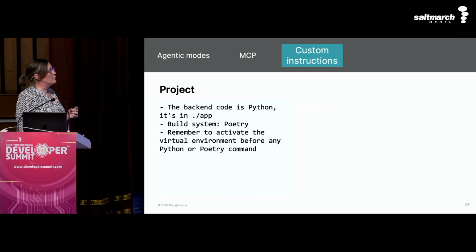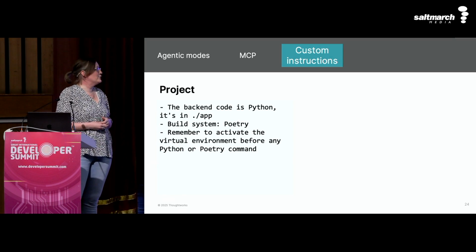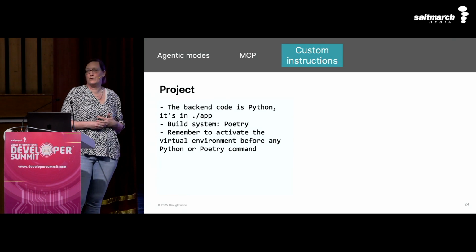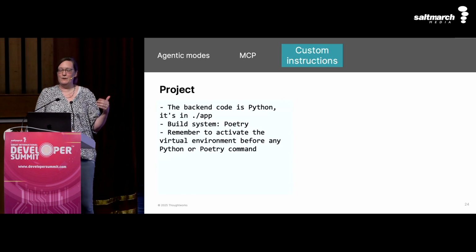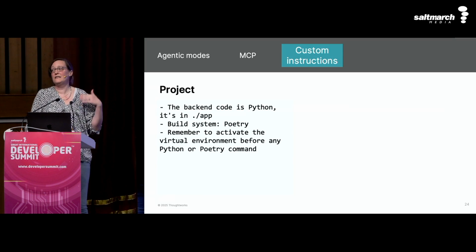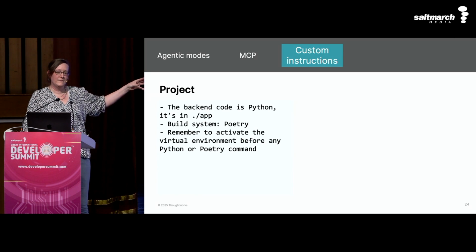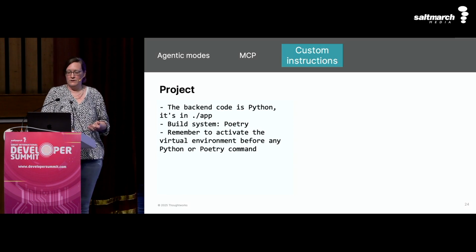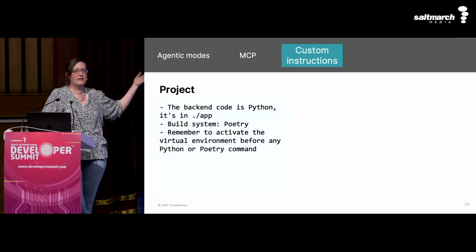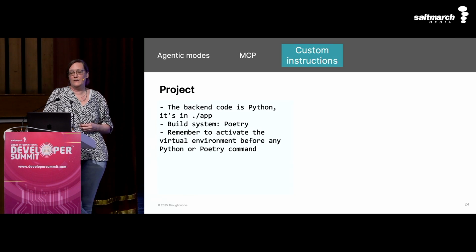The build system is Poetry. Remember to activate the virtual environment before any Python or Poetry command. So I put that last statement in because I saw the agent constantly forgetting about that and then trying to pip install stuff. So this is basically to remind the tool to do that. And on this particular one, it actually picks up on that pretty well.